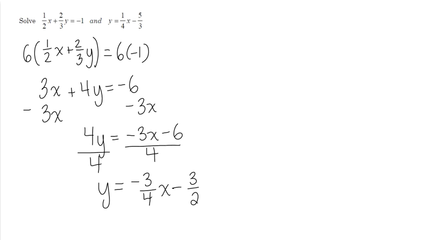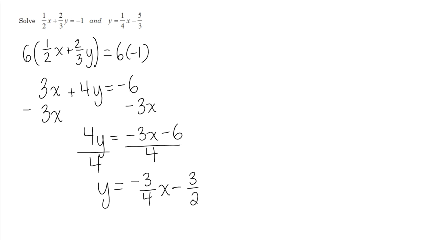So now we know that y equals -3/4 x, take away 3/2. We also know y equals 1/4 x, take away 5/3. So I'm going to set both of them equal to each other. So basically substitute in for the y, right?